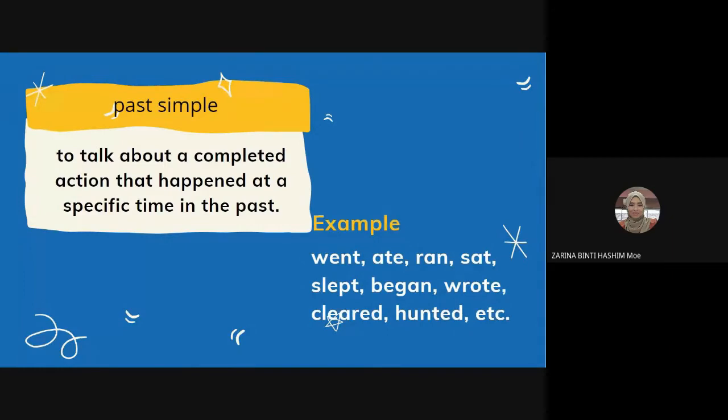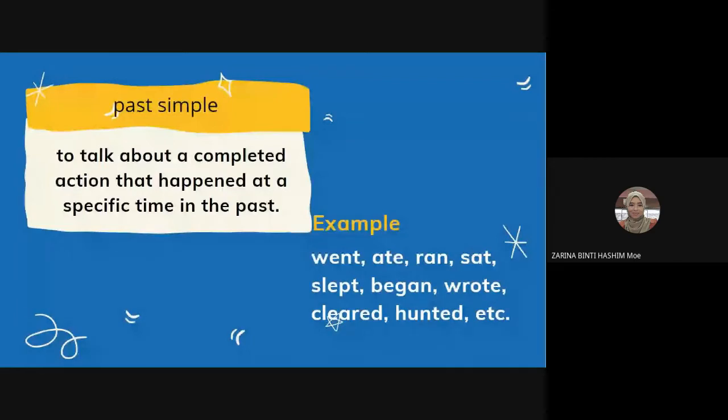What is past simple? We use past simple to talk about a completed action that happened at a specific time in the past. When we talk about past simple, it is already complete, meaning you did not do the activity anymore.